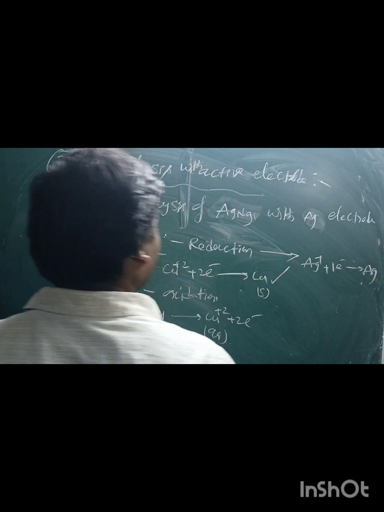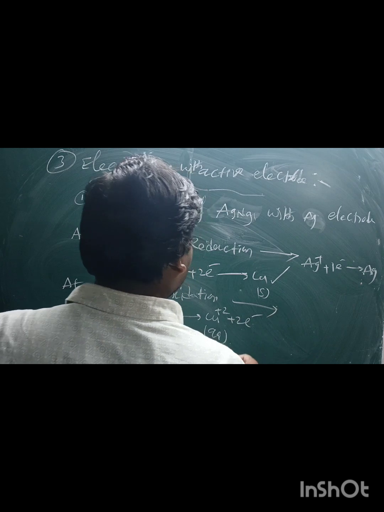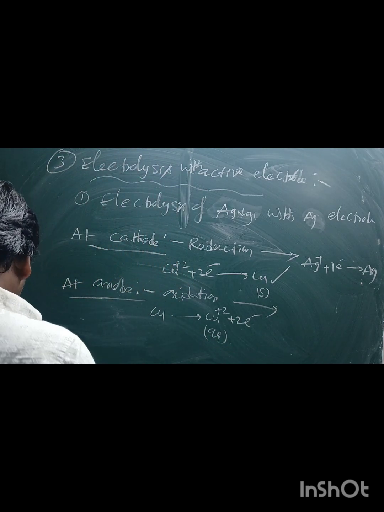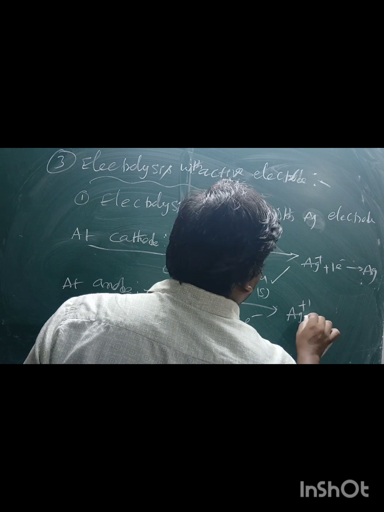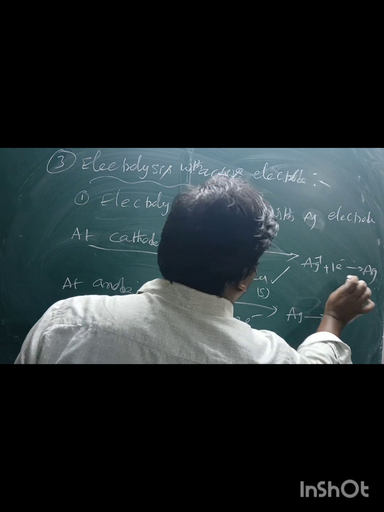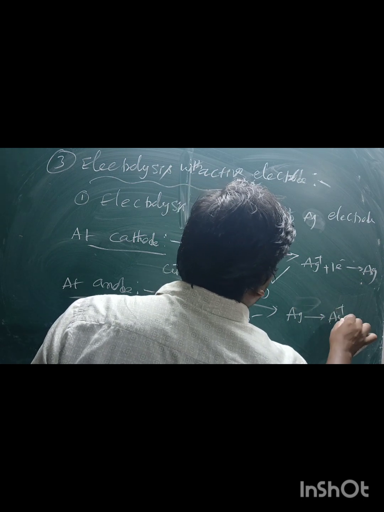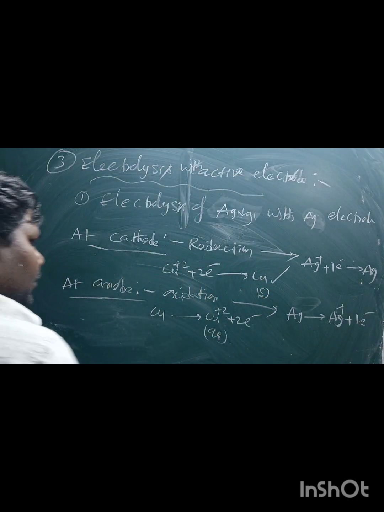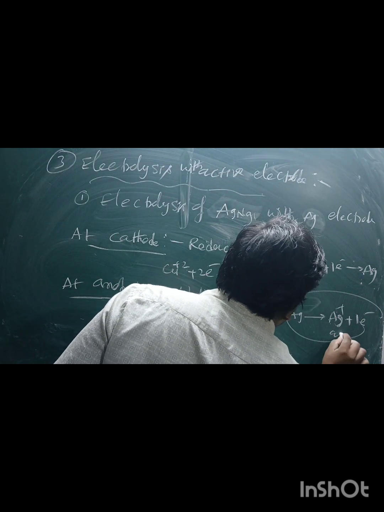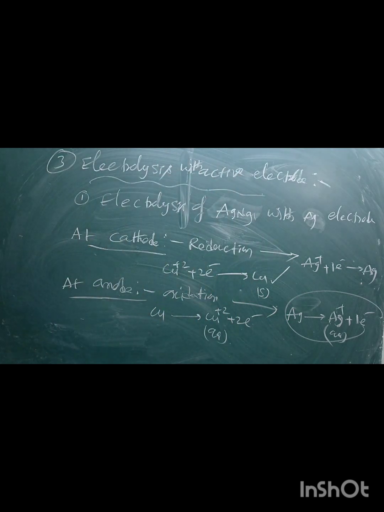And at the anode, silver metal tries to lose an electron to form Ag+, which means the aqueous form of ions is formed. This is the information about electrolysis.